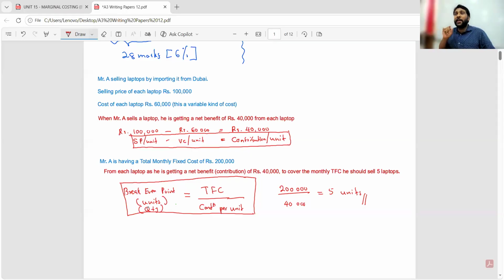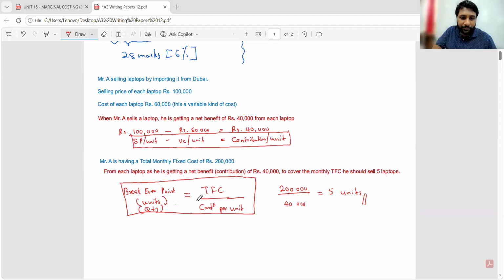Don't ever communicate only the number of units, because if you do, they will sell 5 units and bring it to you, but maybe at a changed selling price. So communicate the sales target, the sales value, also: 5 units and 500,000 rupees. Then only you will make zero profit.